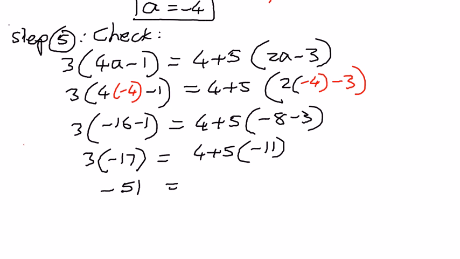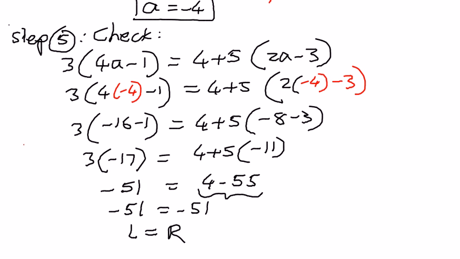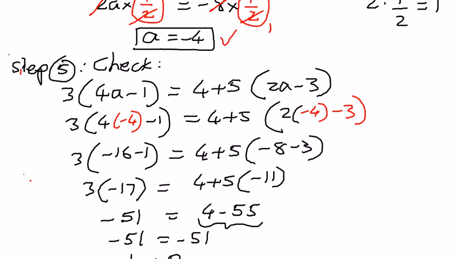That should be equal to 4 minus 55. So negative 51 on the left hand side is equal to, when we simplify 4 minus 55, that is going to be equal to negative 51. Therefore the value we have on the left hand side is exactly equal to the value we have on the right hand side, and therefore this only goes to prove that the value of a we have obtained, equal to negative 4, is exactly correct.